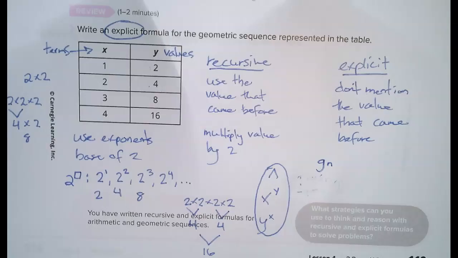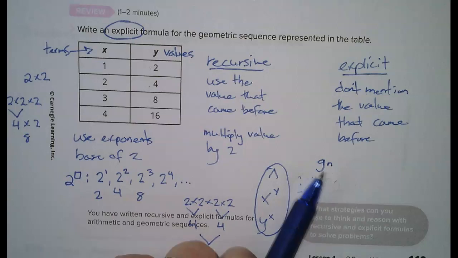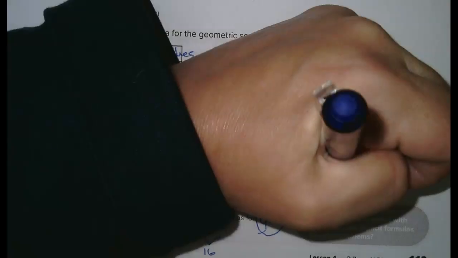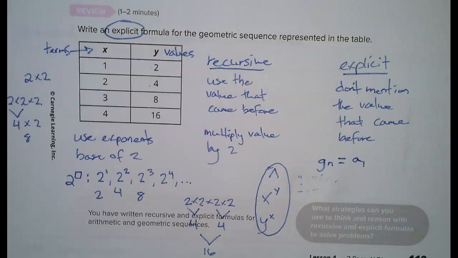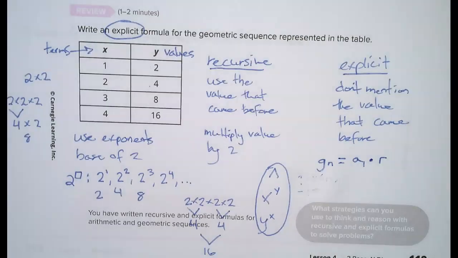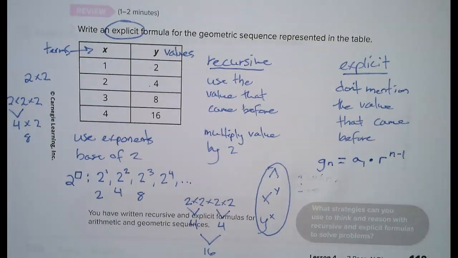We know it's a geometric sequence because we're multiplying. So we did G sub n, and then we had a pattern of G sub n equals A sub 1 times R raised to the n minus 1 power.